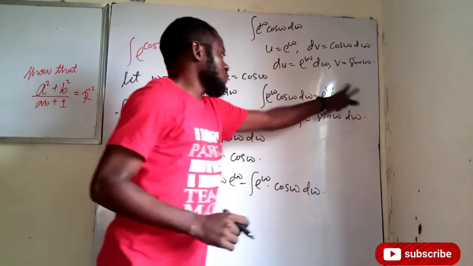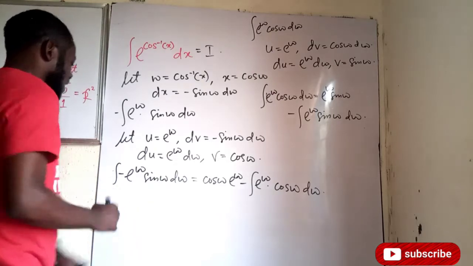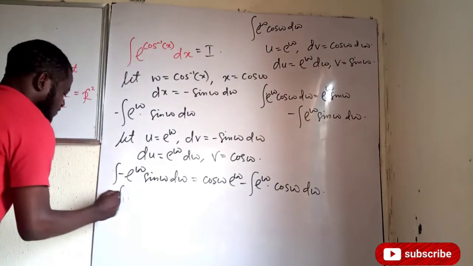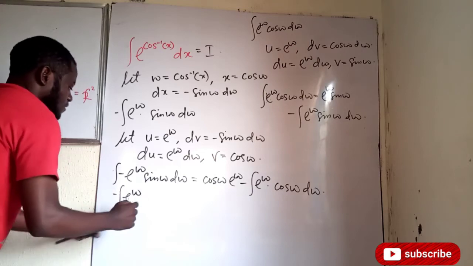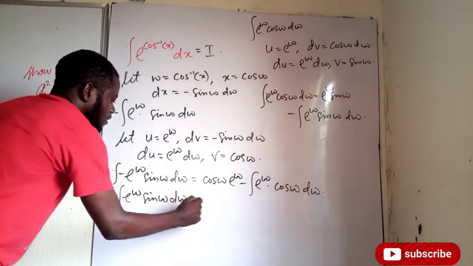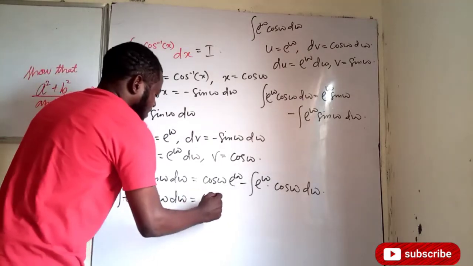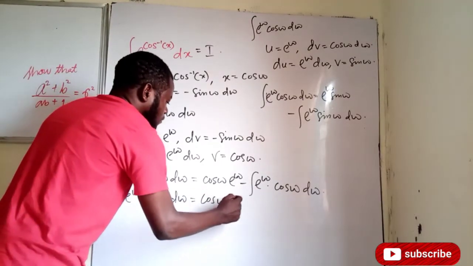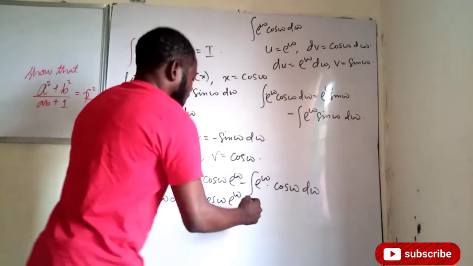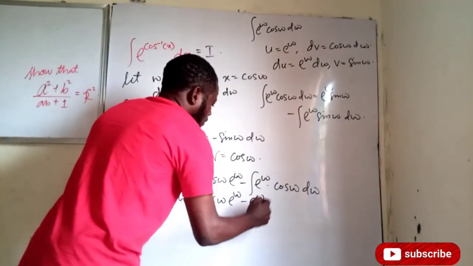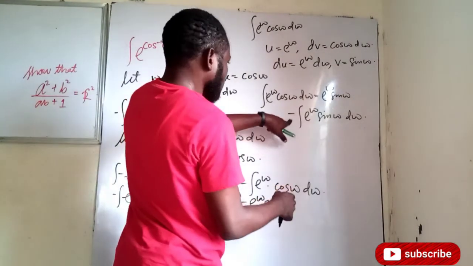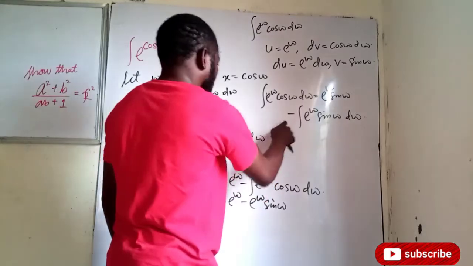Okay, so we are going to substitute this into this, hence we have that the integral of, let me put this negative out here, e to power of w sine of w dw equals cosine of w e to power of w minus, this will go minus e to power of w sine of w, then the minus will affect this to become plus.